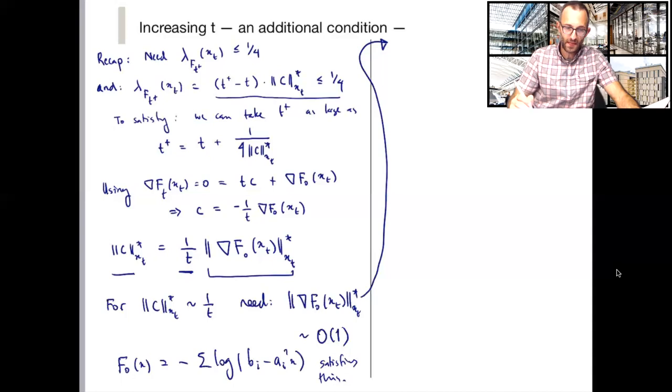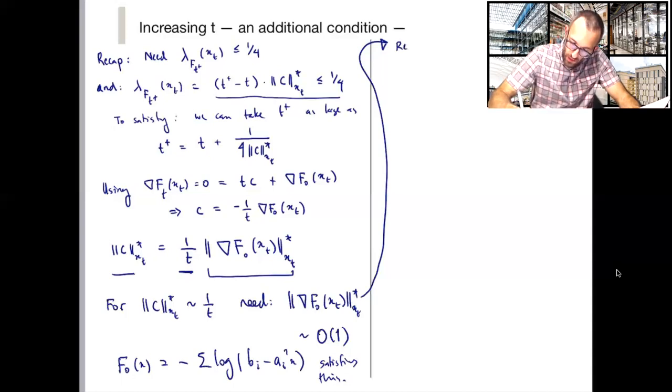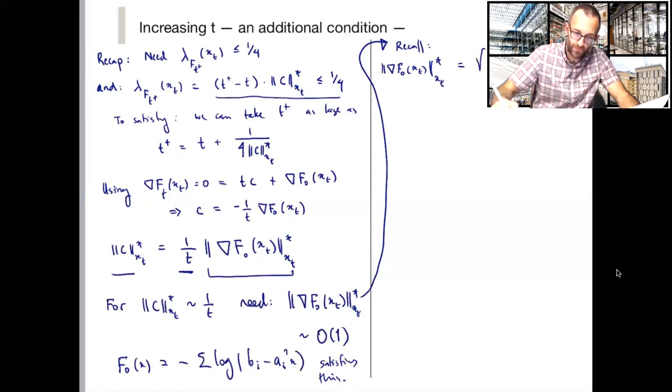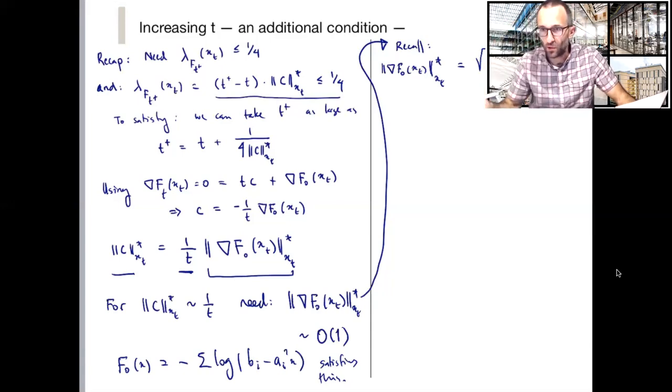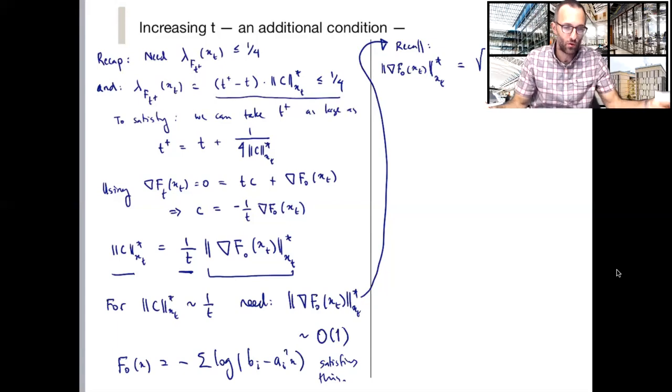Recall that this norm is equal to the gradient of f0 of xt transpose times the Hessian inverse times the gradient of f0 of xt, and all of this is under the square root.